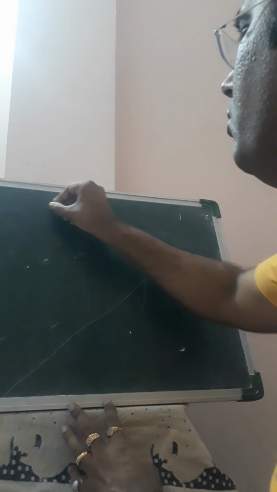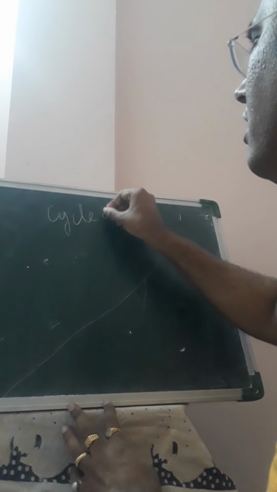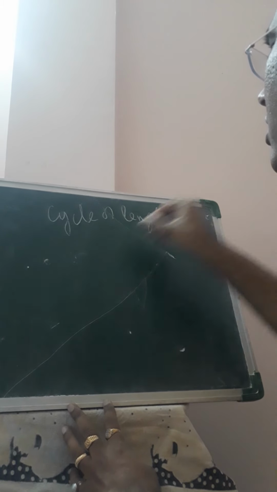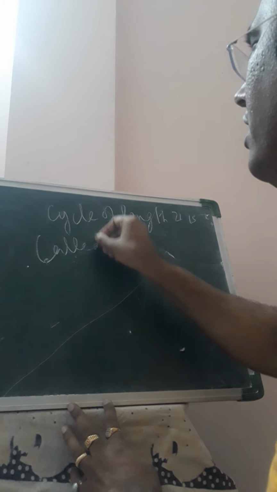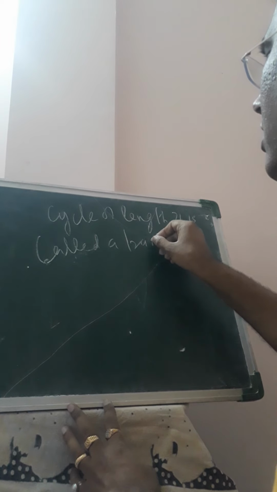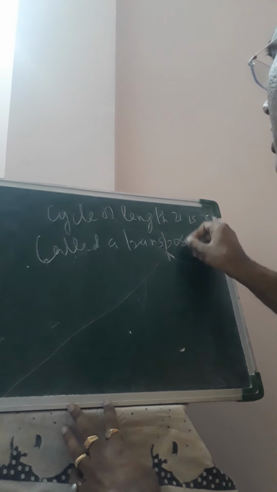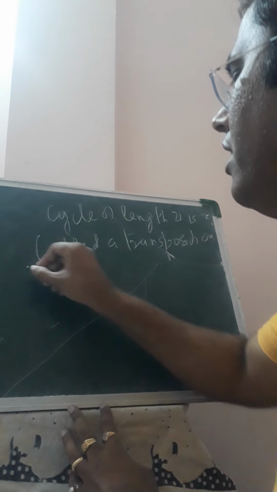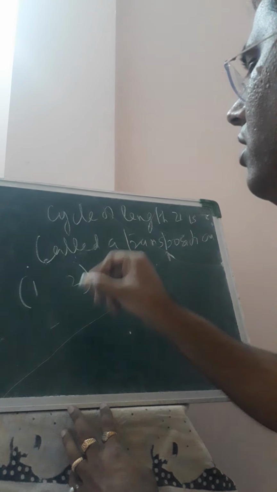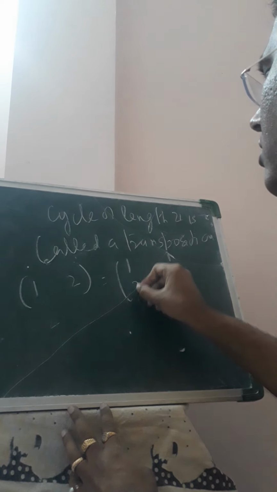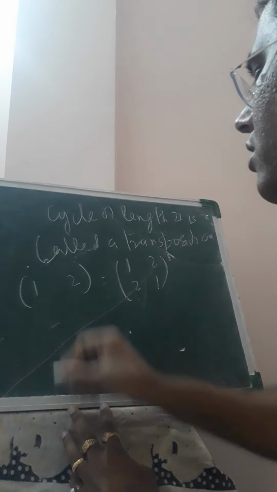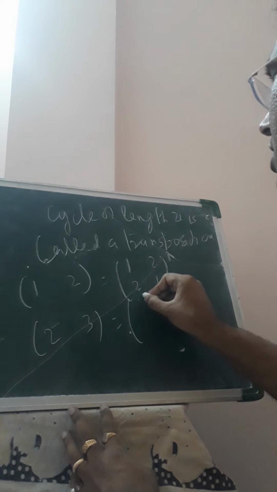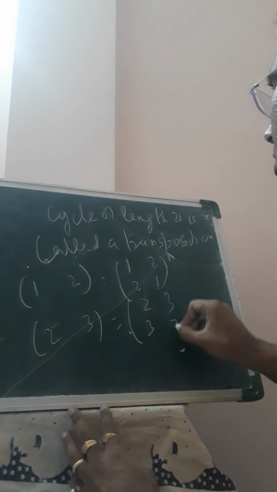A cycle of length 2 is called a transposition. For example, (1 2) is a transposition, where 1 goes to 2 and 2 goes to 1; (2 3) is a transposition, where 2 goes to 3 and 3 goes to 2.